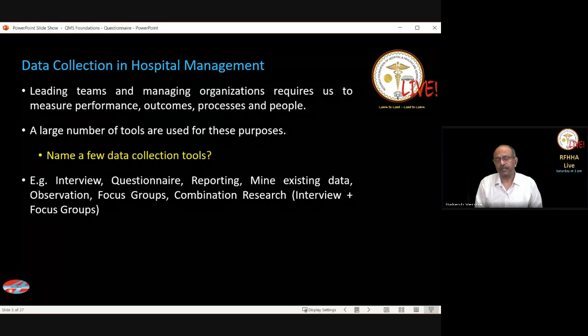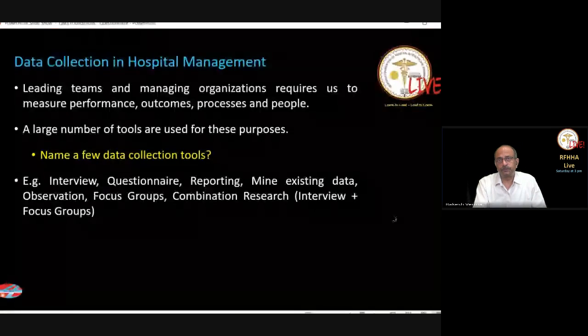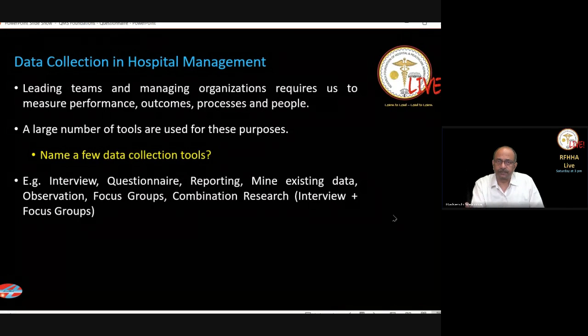And then we can also have a combination, where interview plus focused group, or more than one tool, are combined together, and then used for collecting data. So these are some of the methods. There can be many more methods depending on what kind of data you are collecting.